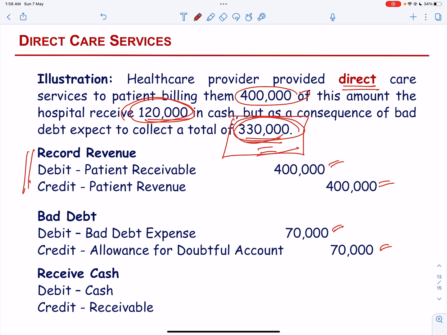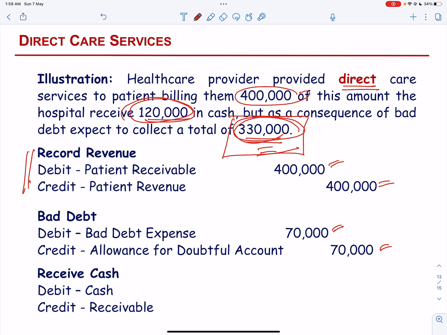Well, the reason is that this is an estimate, and this is what we think that the hospital is not going to get. They may collect more than 330, or they may collect less than 330, and which is different from charity. In charity care, we are not going to get anything. We are not expecting anything.